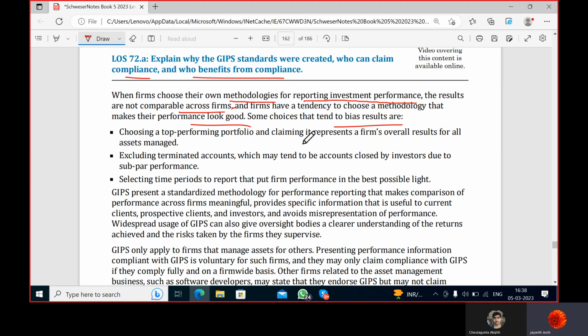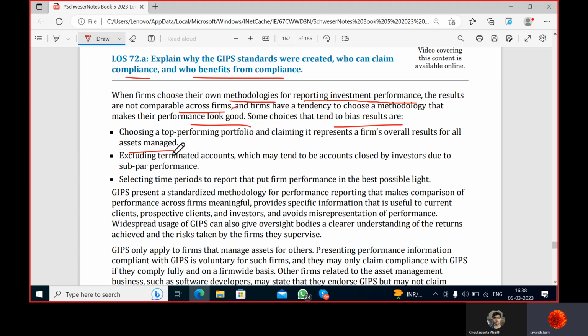Some choices that tend to bias results are choosing a top performing portfolio and claiming it represents the firm's overall results for all assets managed.